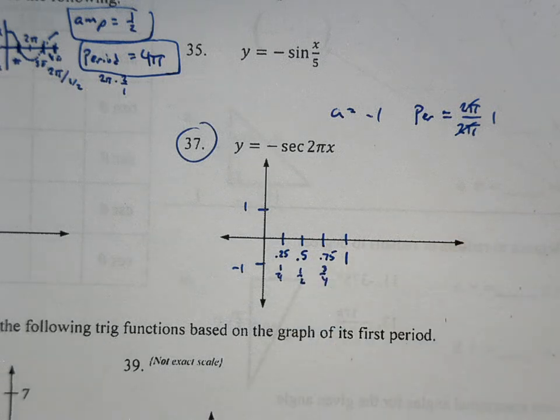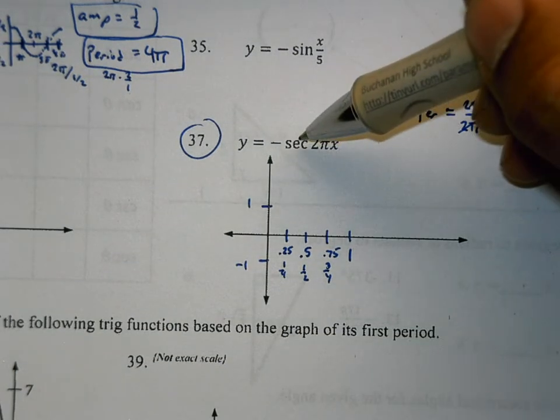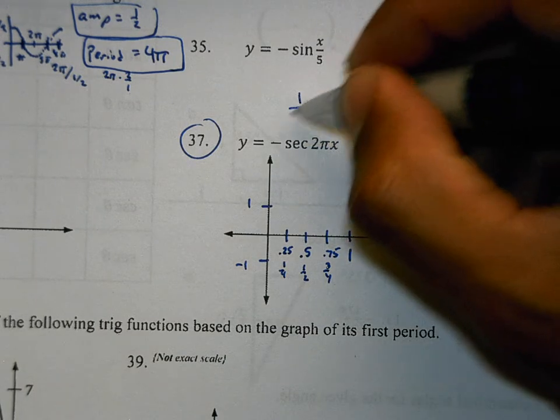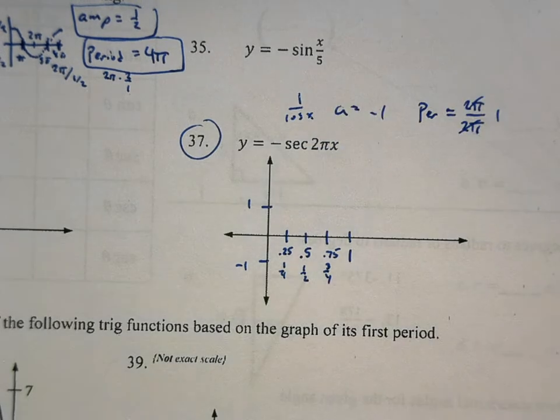It says that we have to sketch 2 periods, so I will extend this, but before I do that, remember, secant is based off of 1 divided by cosine. So if I know what cosine's graph looks like, I can figure out what the secant graph would look like.